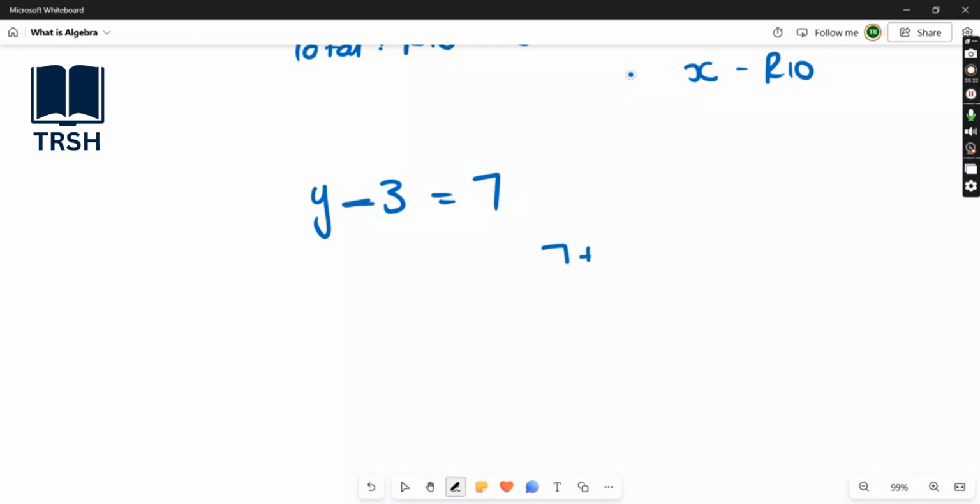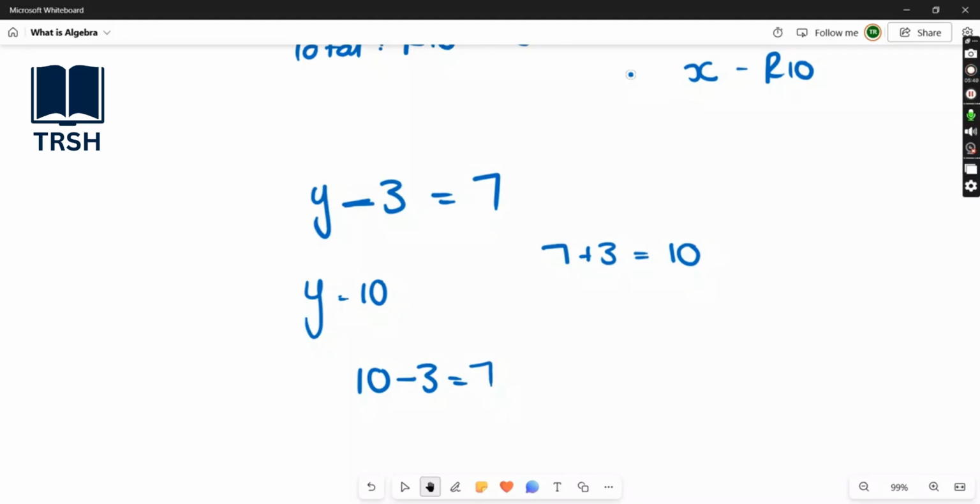So you're going to say 7 plus 3, and that should give you 10, meaning that your y value will be equal to 10. Because technically, if we say 10 minus 3, it should give us 7. That's one of the ways you can go about it. That's, again, the simplest way. There are advanced examples, and it gets more challenging, but this is just a basic example.